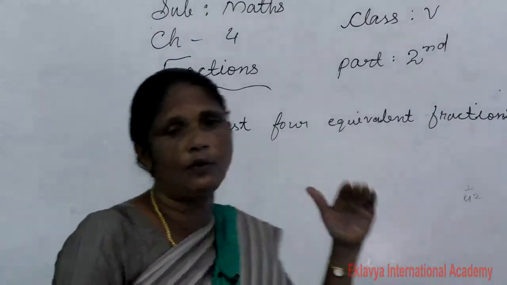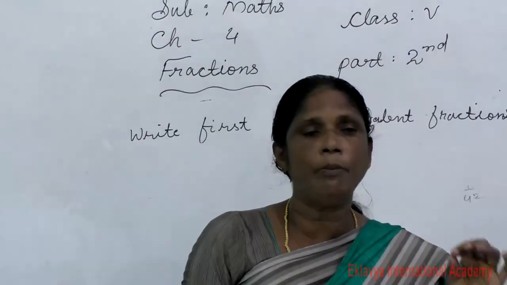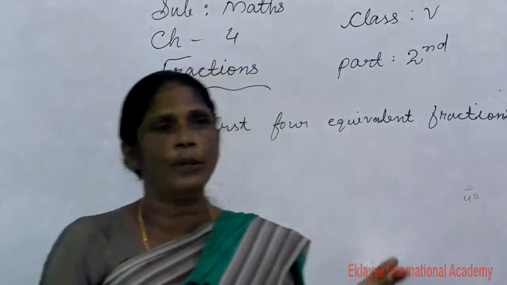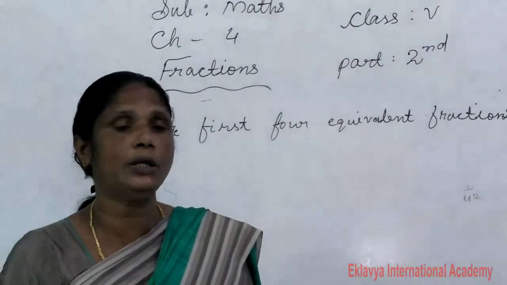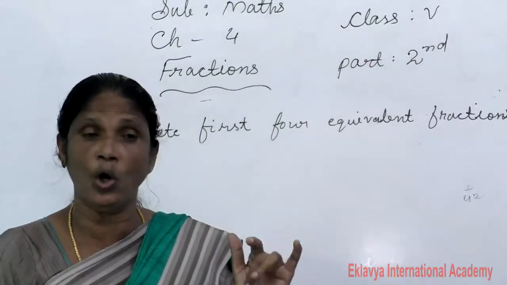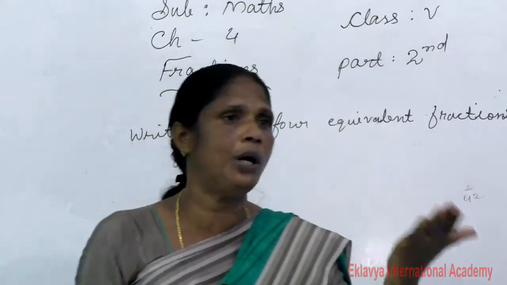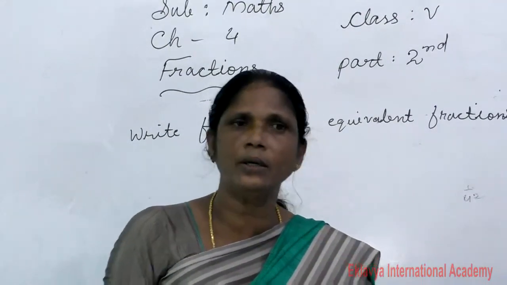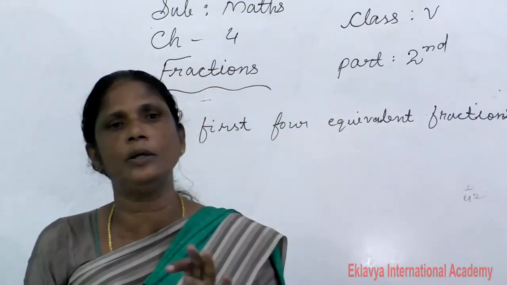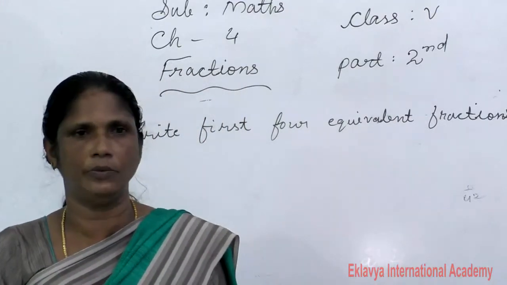To form an equivalent fraction, we multiply numerator and denominator by the same number, or we divide numerator and denominator by the same number, okay.